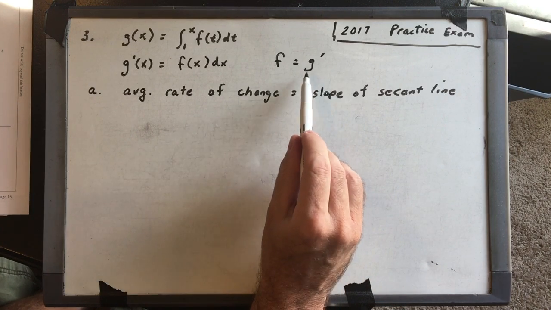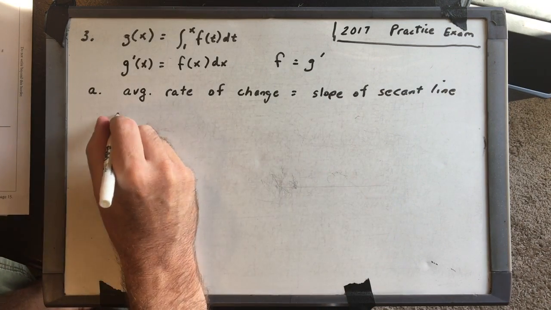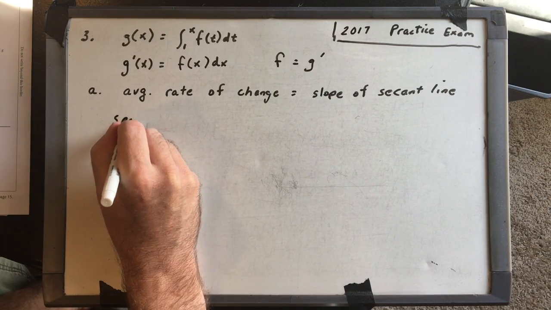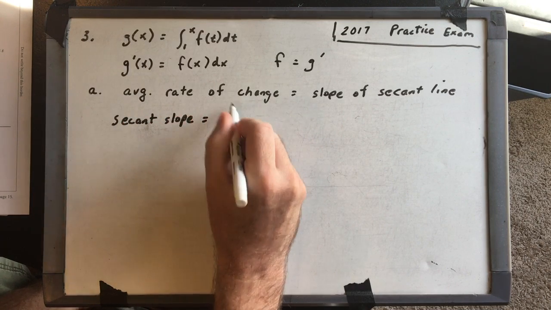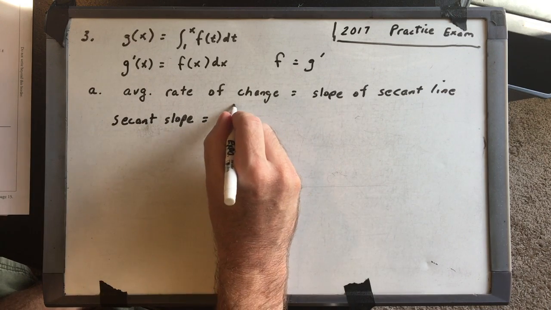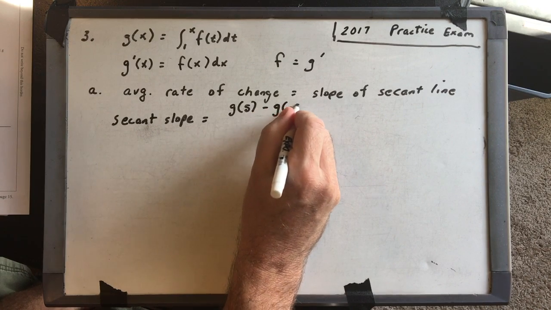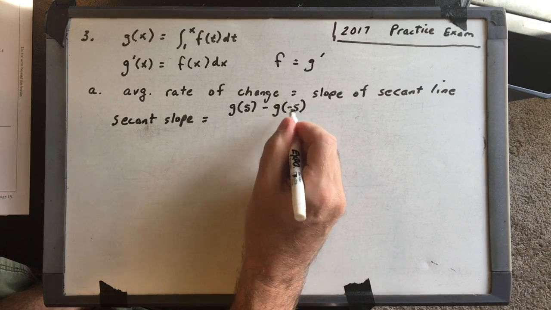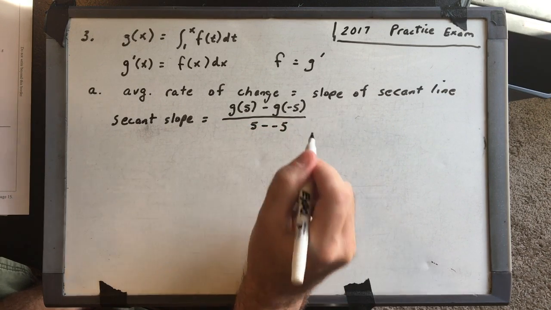But instead, they gave us the graph of g prime, so we're going to have to use the fundamental theorem of calculus to get this. So that secant slope is going to be from -5 to 5. It's going to be g of 5 minus g of -5, so that's y2 minus y1 over 5 minus -5.